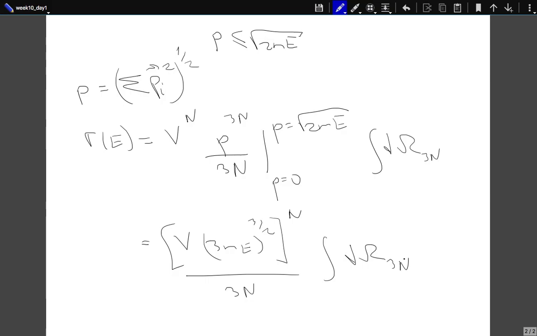Now the technical problem that's left is to evaluate that angular integral.